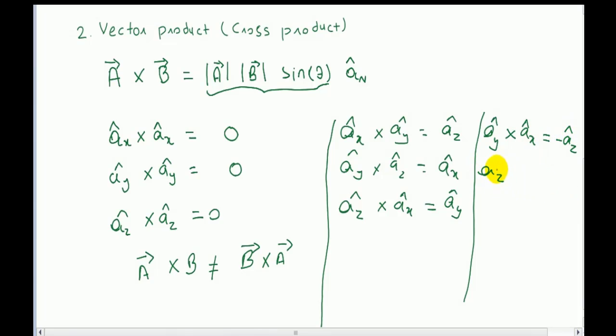If I do az cross ay, I'll get minus ax cap. And if I do ax cross az, then it will be minus ay.